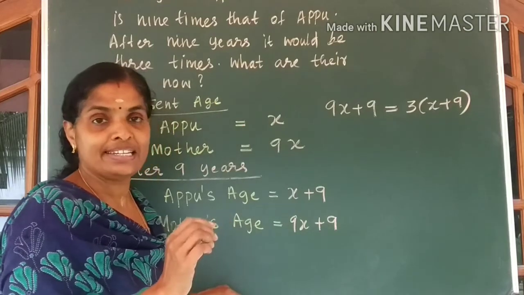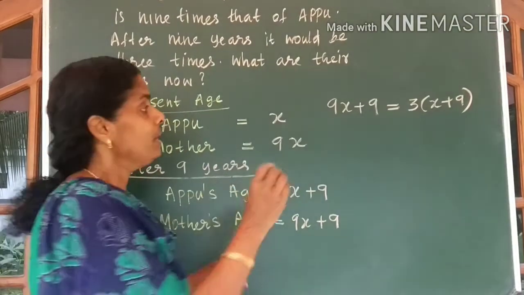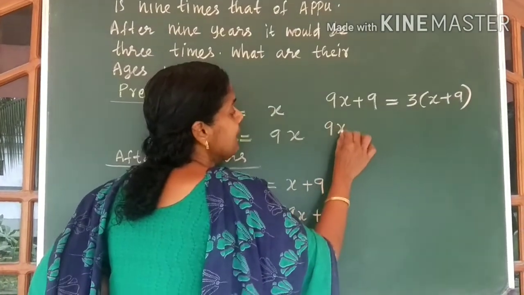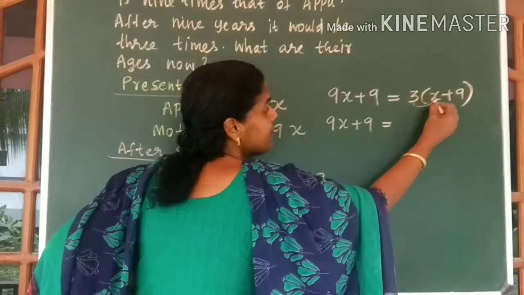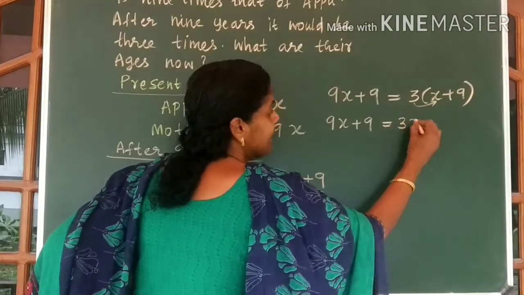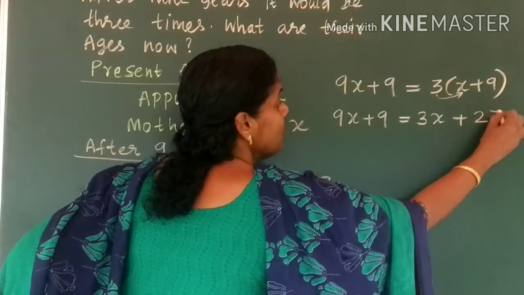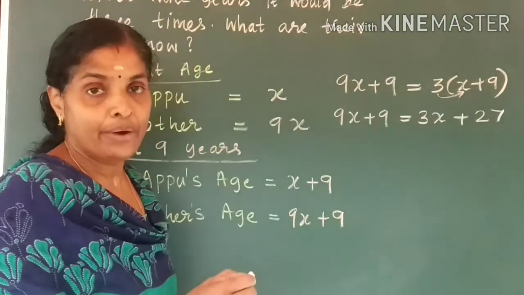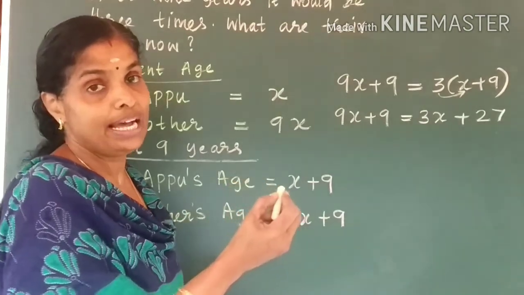Do you understand, children? Now let us solve this equation. We get 9x plus 9 is equal to 3 into x gives you 3x plus 3 into 9 gives you 27.